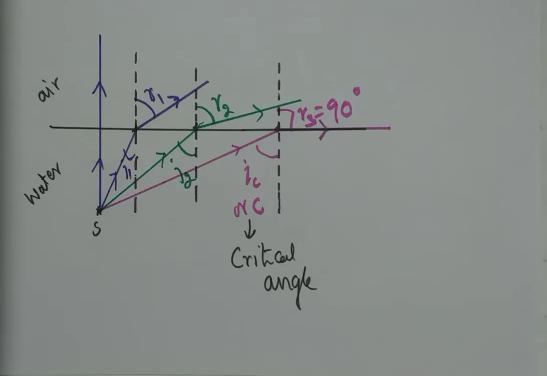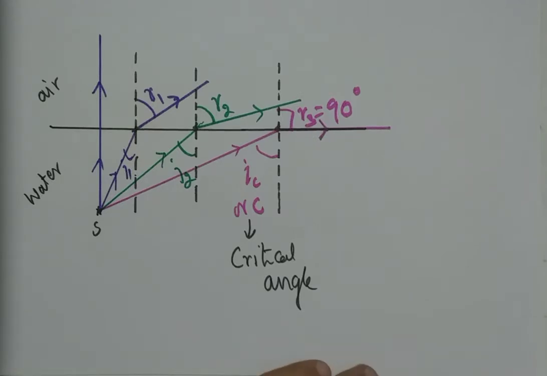At this point, can we write an expression for critical angle? We go for that. Before that, let me repeat the definition for critical angle once again. Critical angle is the angle of incidence for which the angle of refraction is 90 degree when the ray of light moves from denser to rarer medium.